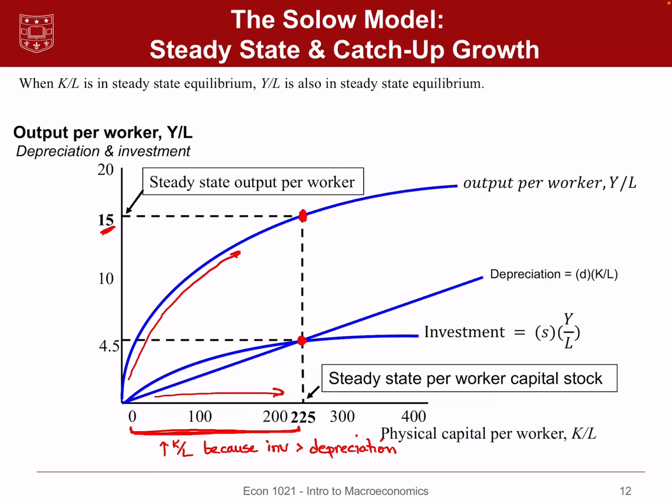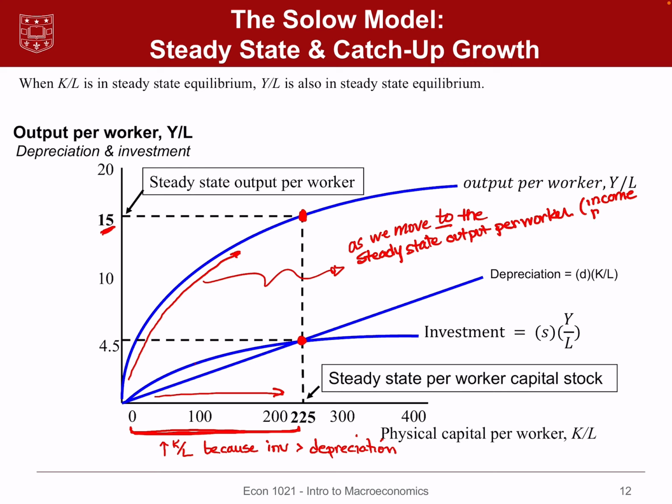But what can we conclude? We can conclude that as we transition to the steady state, output per worker, or equivalently, again, it's really important to remember this correspondence, income per worker, initially is growing quickly, but then growth slows, right?